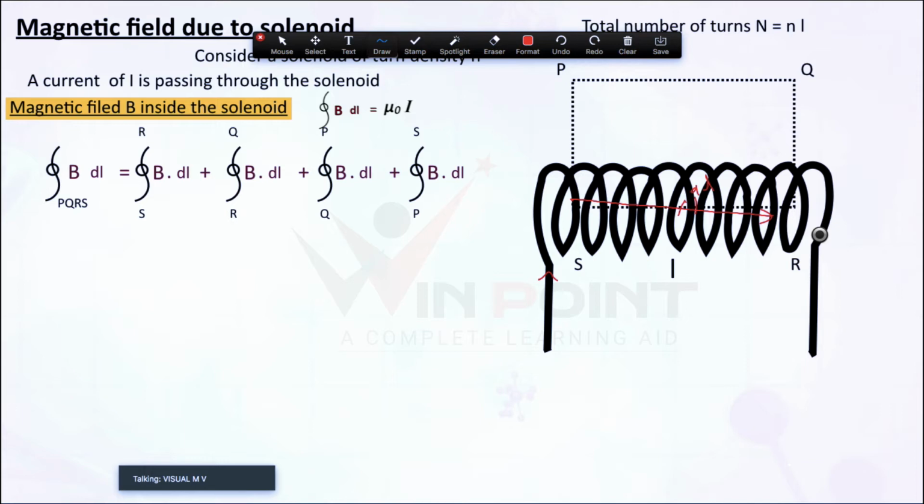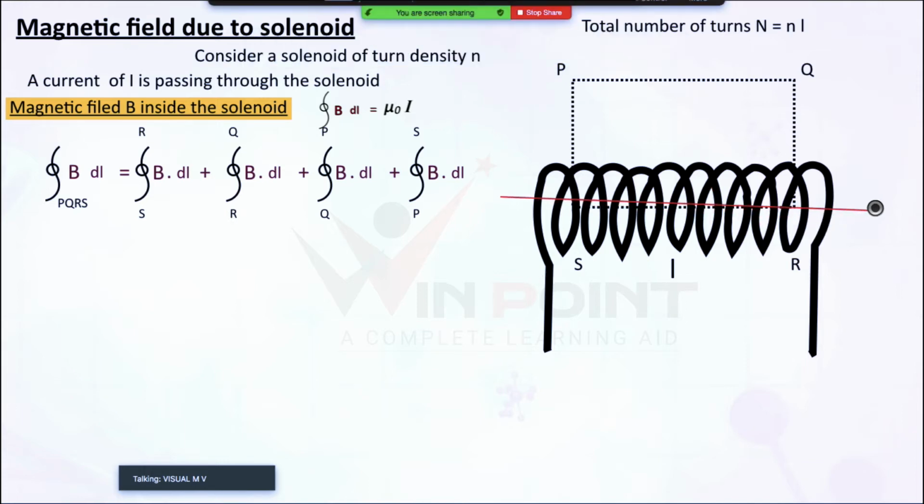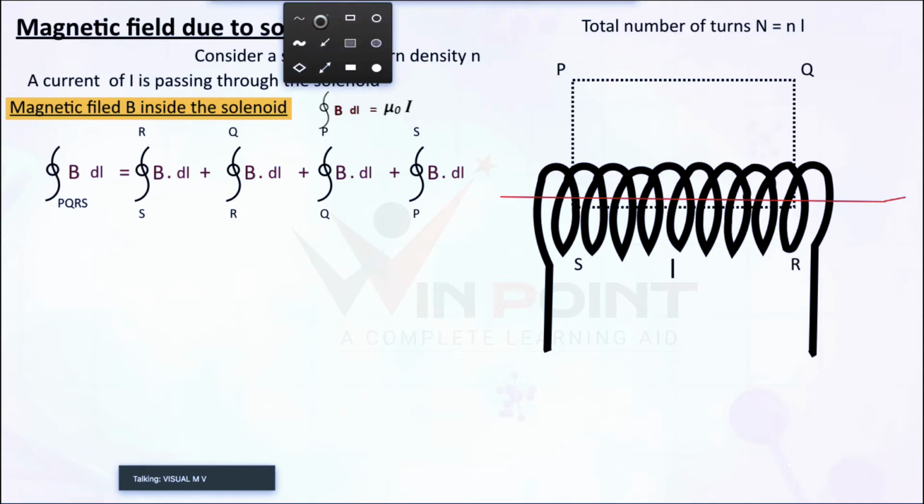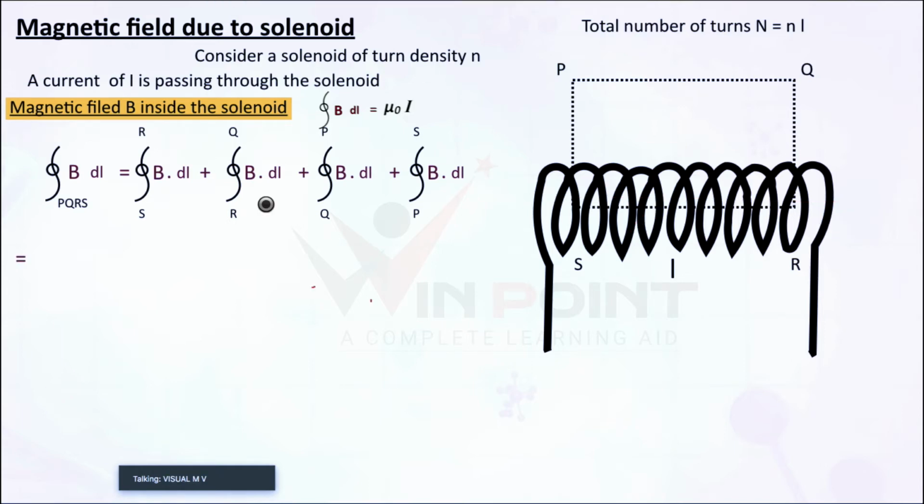What will be the angle between dl and the magnetic field? We are integrating from S to R. What is the angle between the small length element dl and the magnetic field? It will be 0, so it equals integral B dl cos 0.